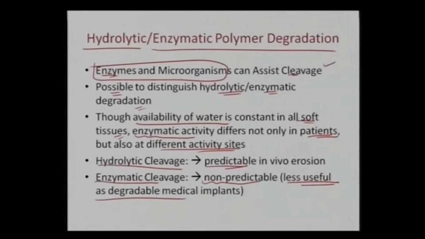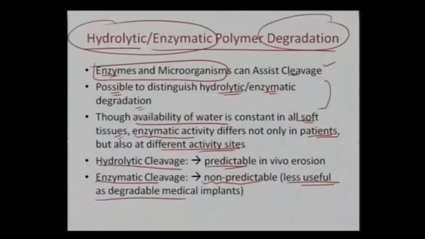So again, degradation can occur either under hydrolytic or enzymatic conditions. Hydrolytic degradation is very predictable, because the water content is very similar in cells and even in different patients, whereas enzymatic activity differs very drastically between cells and between patients. That helps us delineate how the degradation is occurring.